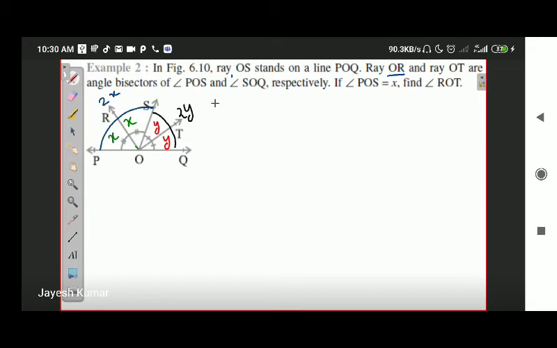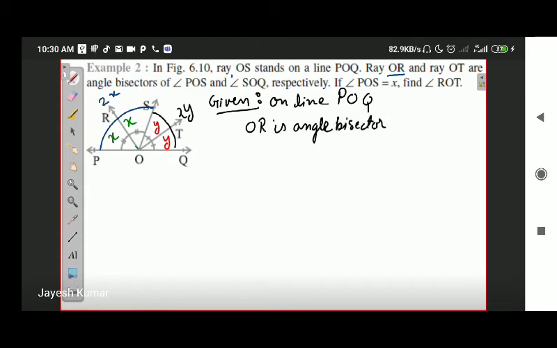First of all, we'll write down what is given to us. We are given that on line POQ, OR is angle bisector of angle POS, and OT is angle bisector of angle SOQ.